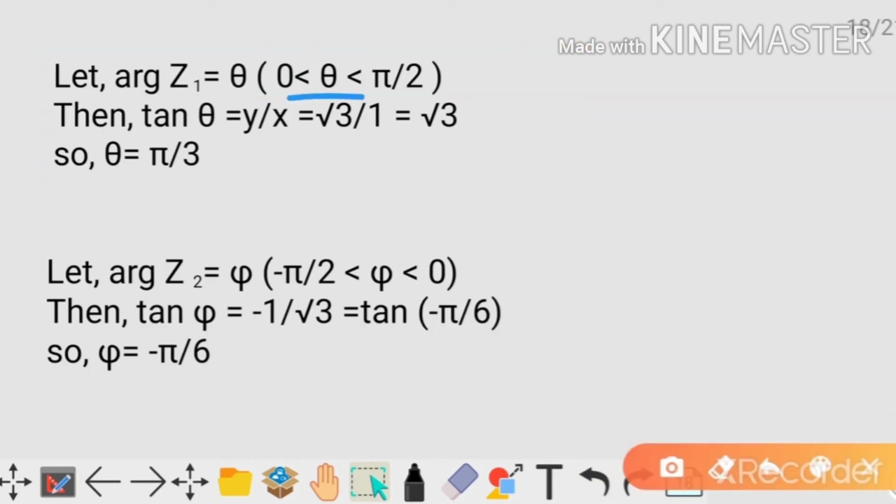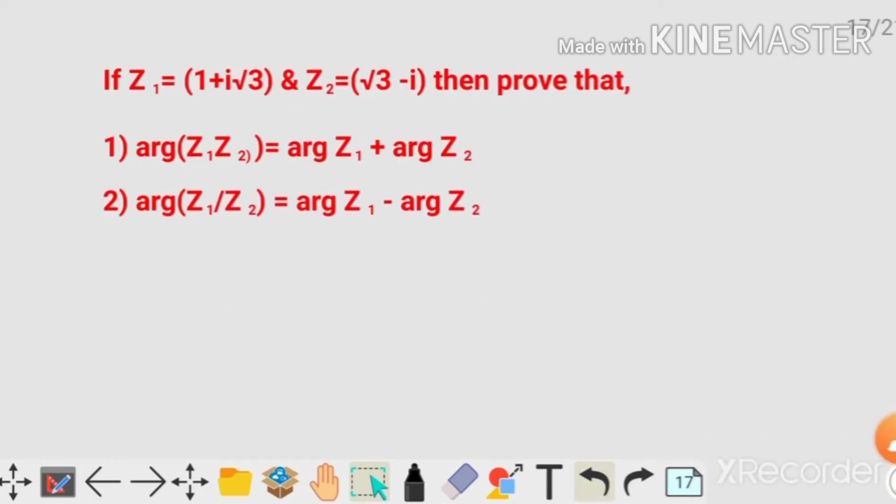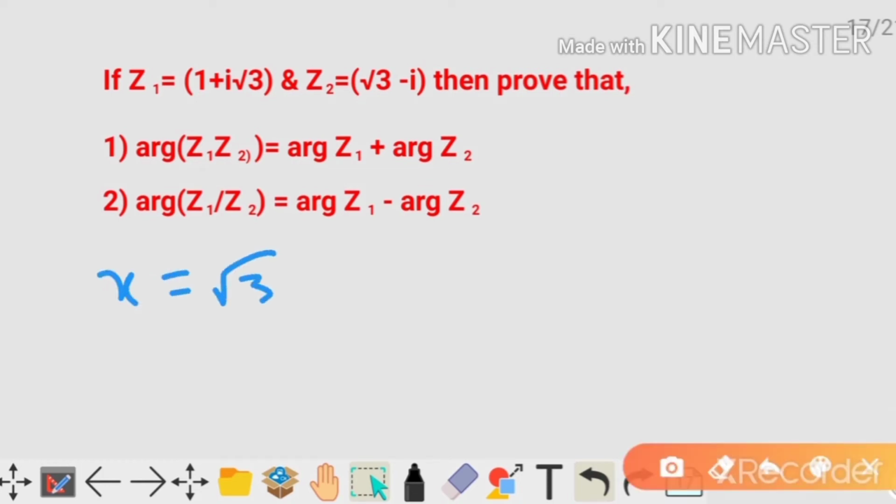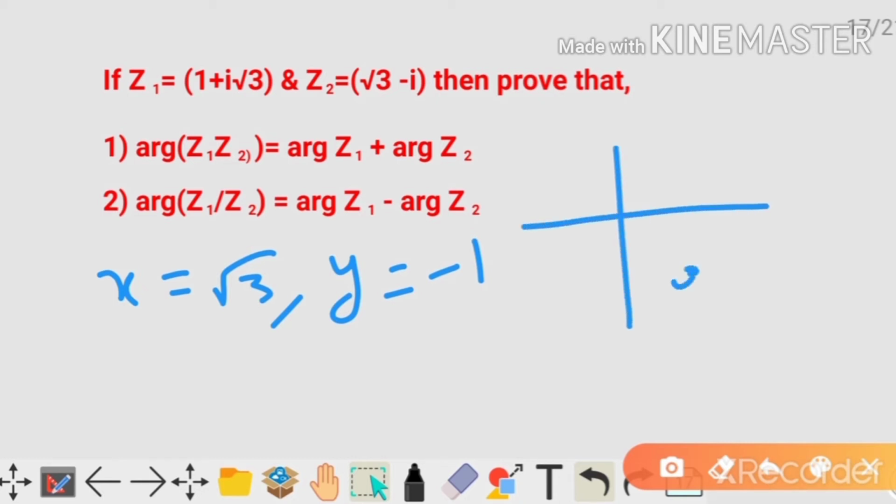between 0 to pi by 2. Now if we look at Z2, x is equal to root 3, which is positive, and y is equal to minus 1, which is negative. That means it will be in the fourth quadrant.